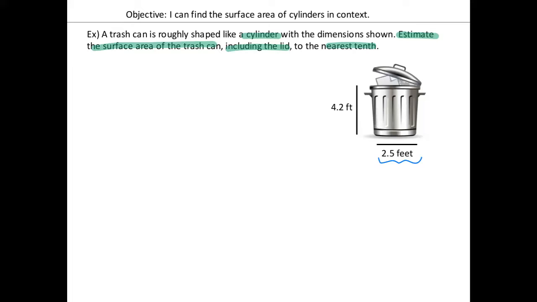So this is actually the diameter. And do you guys know the relationship between the diameter and the radius? Radius is half the diameter. Good. So radius is going to be half of the diameter. So in this case, I'm going to take the 2.5 and divide that by 2 to find my radius. So what is our radius in this example?